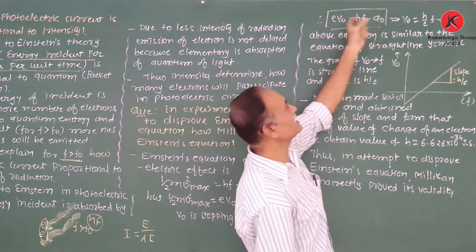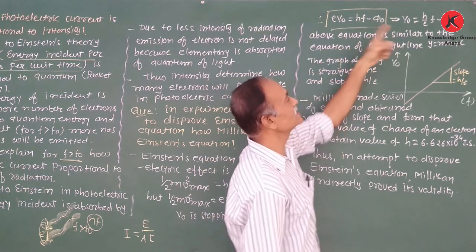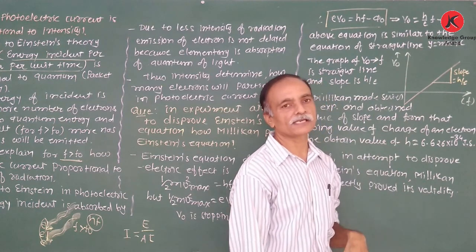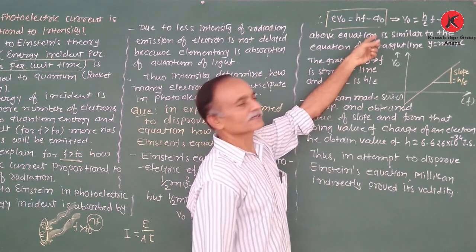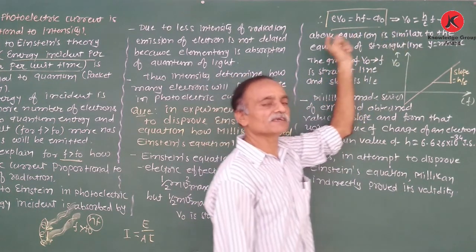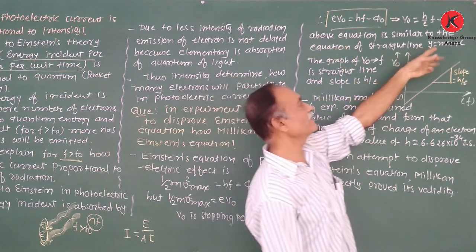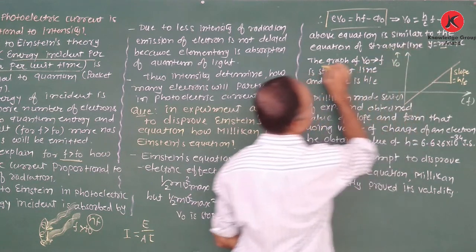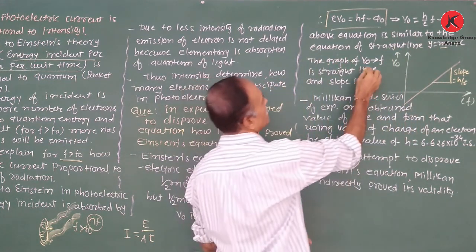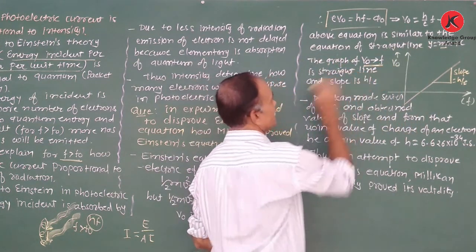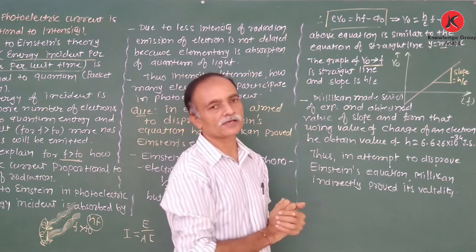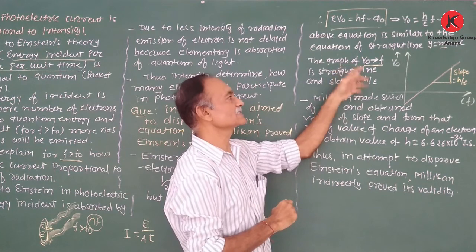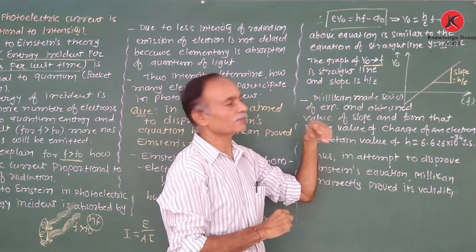Now, dividing each term by e, V0 is equal to h upon e into f minus phi 0 upon e. This equation is similar to the equation of a straight line, y is equal to mx plus c. Therefore, the graph of V0 versus f is a straight line and the slope is h upon e.